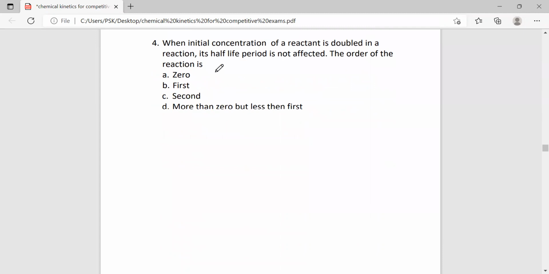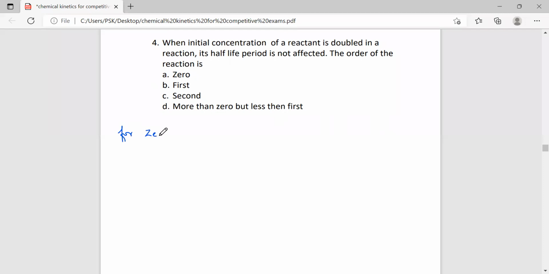When initial concentration of the reactant is doubled in a reaction, its half-life period is not affected. The order of the reaction is zero order, first order, second order, or more than zero but less than first. It's a direct question we have learned, but I'll explain.